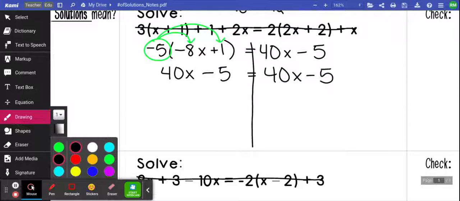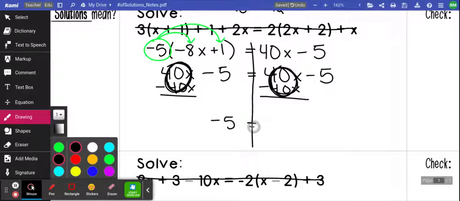Which one? Well, they're the same thing. So what would happen is we're going to subtract 40x on both sides. That becomes 0, right? This becomes 0. I'm left with -5 equals -5.